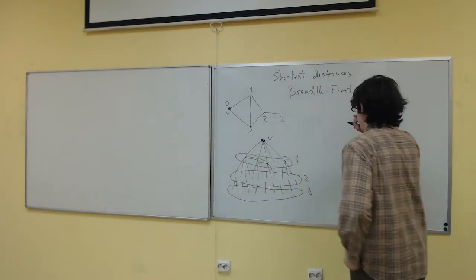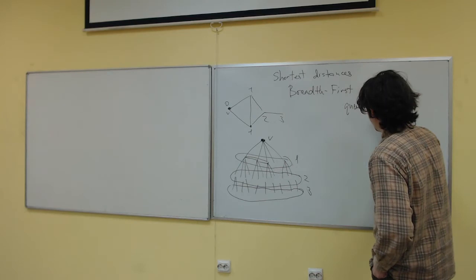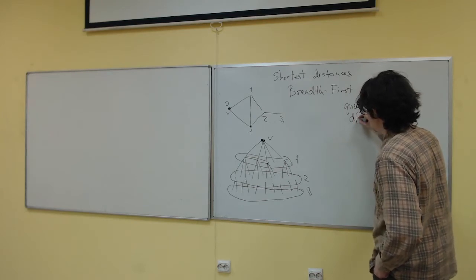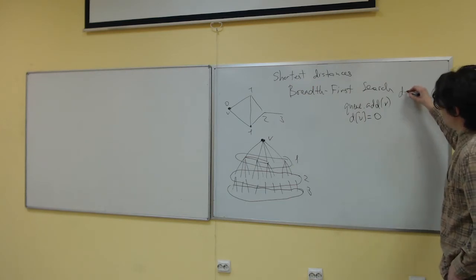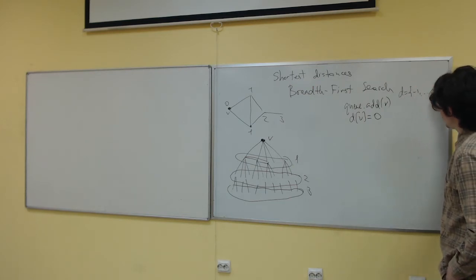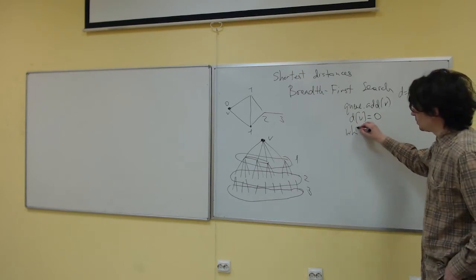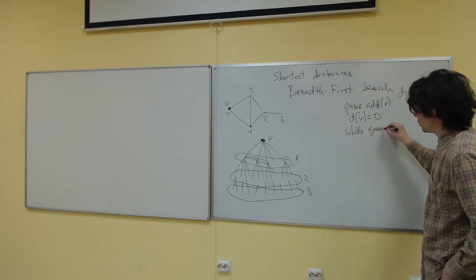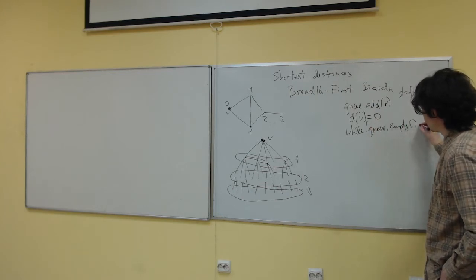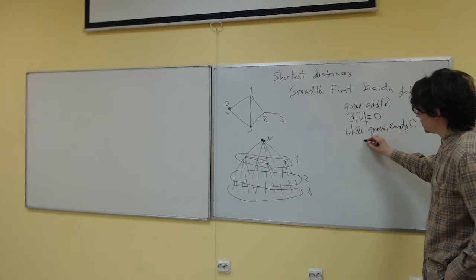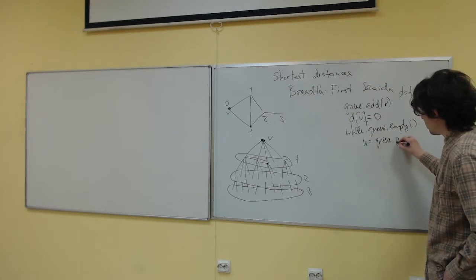Then we create a queue and add v there and say d of v equals 0, while all the d's are currently -1 at the beginning. Then, while q is not empty, we get u equals q dot poll.